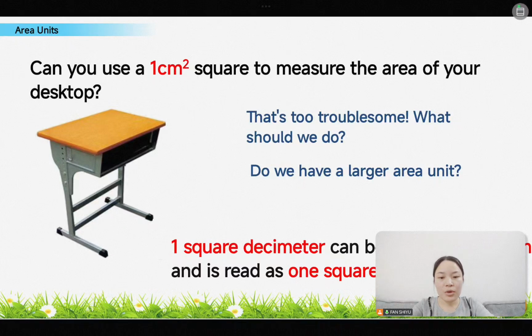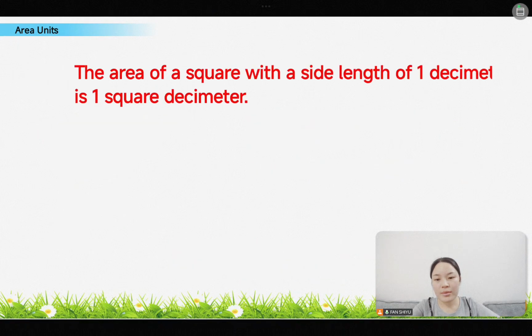This is a standard model of 1 square decimeter, a square with a side length of 1 decimeter. Please continue to observe with a ruler and clarify. Define 1 square decimeter: a square with a side length of 1 decimeter has an area of 1 square decimeter.